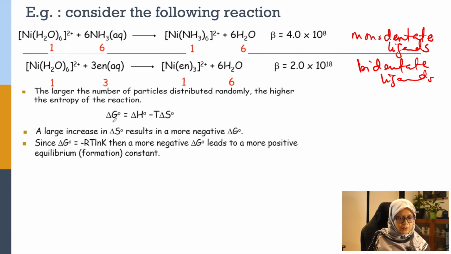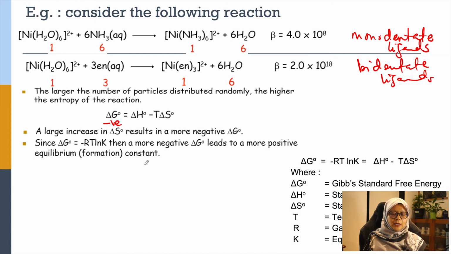Since delta G equals negative RT ln K, a more negative delta G leads to a more positive equilibrium formation constant.